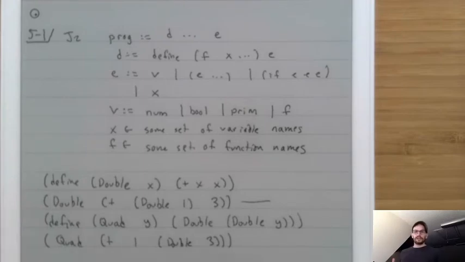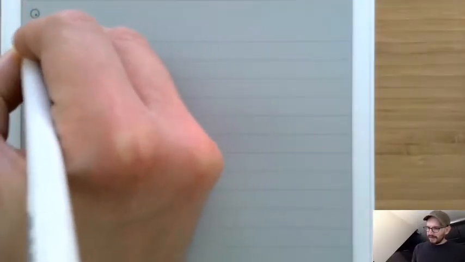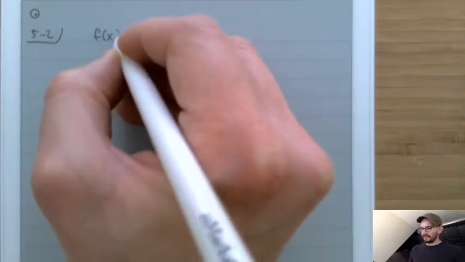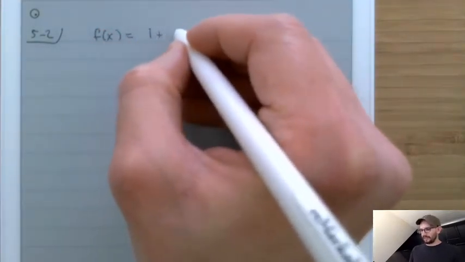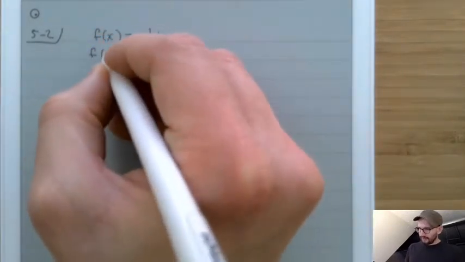Okay, so how can we understand what these programs mean? Well, the first thing to understand is to make an analogy to normal math. In normal math, imagine I wrote f of x equals 1 plus x, and then I asked you, what is f of 3?